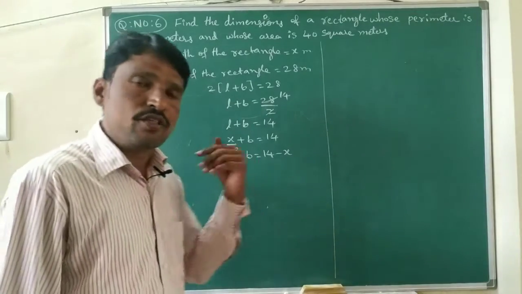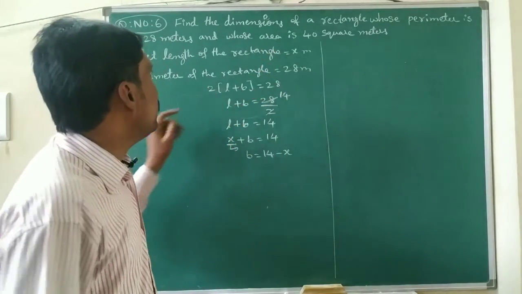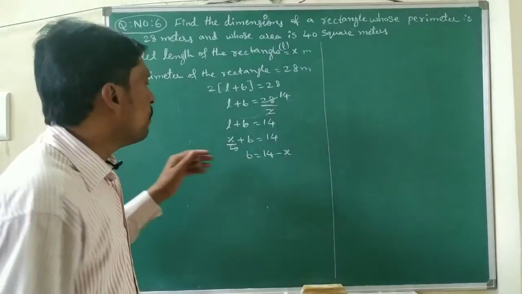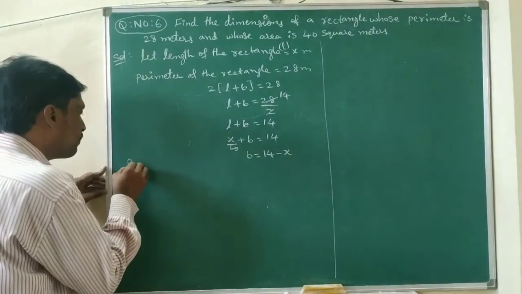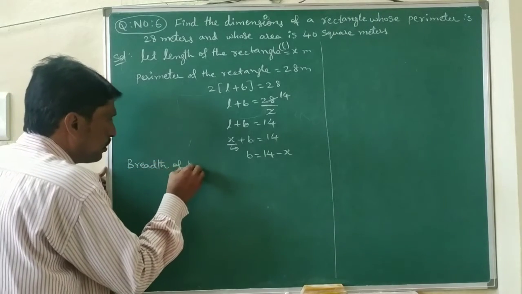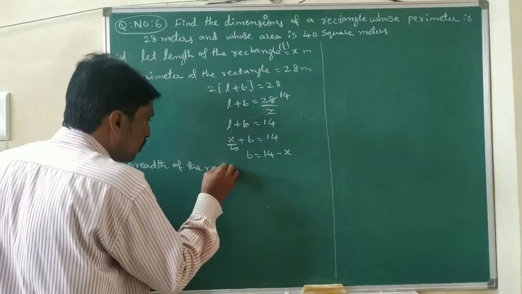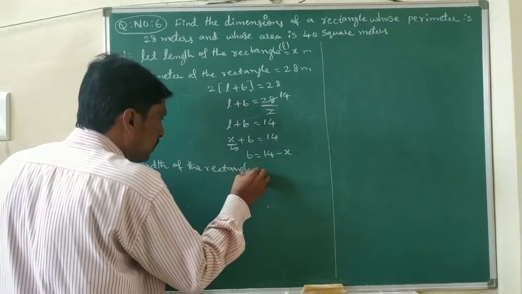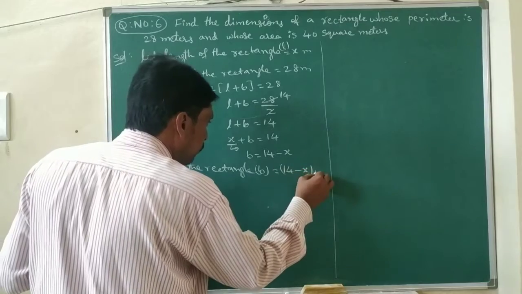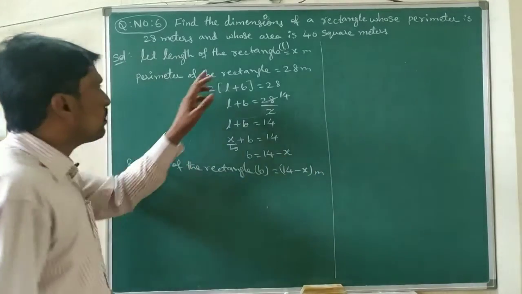So what is B here? Length we are taking as L, breadth we can take as B. So breadth of the rectangle B equals 14 minus x meters. Up to here it is clear.